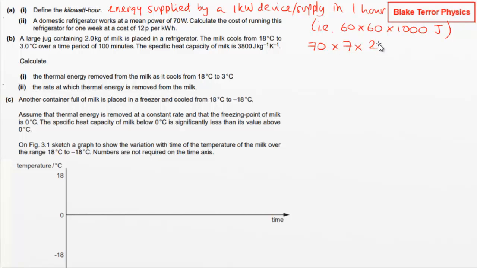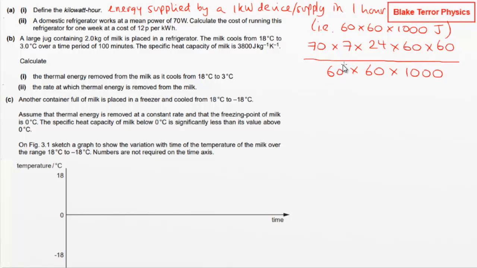Then we do hours in the day, minutes in the hour, seconds in a minute. So that is our total energy. If we then divide that by our energy in a kilowatt hour, as in our 60 by 60 by 1,000, that is going to give us our kilowatt hours.